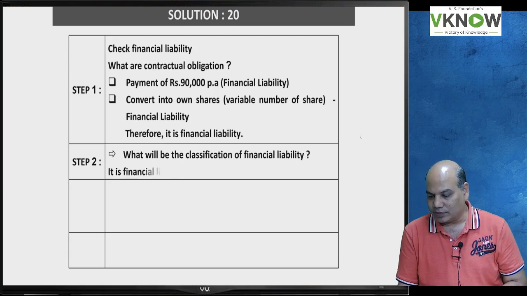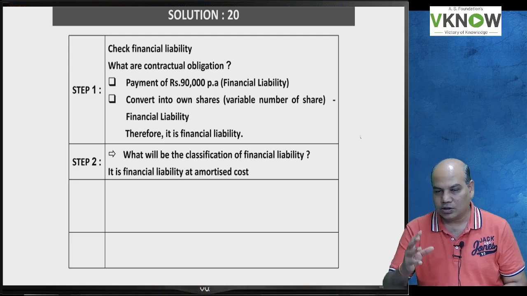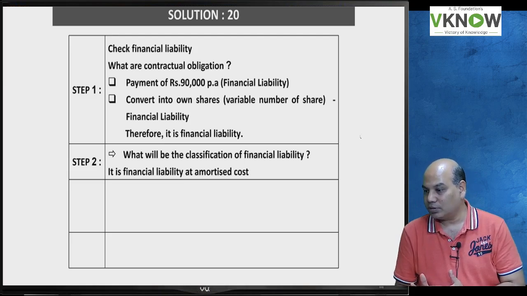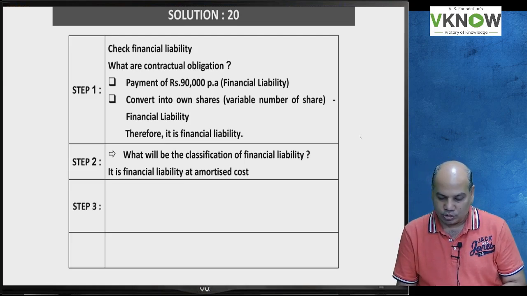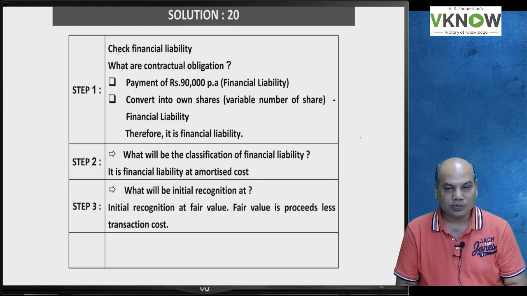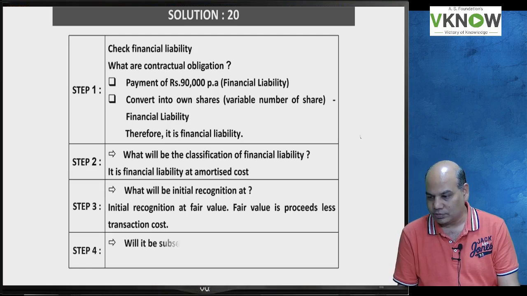Now next is the classification. It cannot be classified as FVTPL because it does not fit into any of those four requirements for FVTPL. So we will call it an amortized cost instrument. Third, what is the initial recognition amount? Fair value. Fair value is equal to proceeds minus transaction cost.